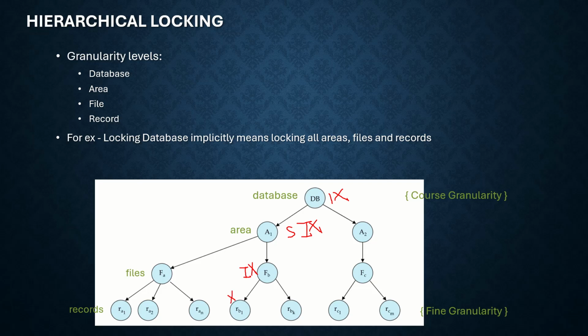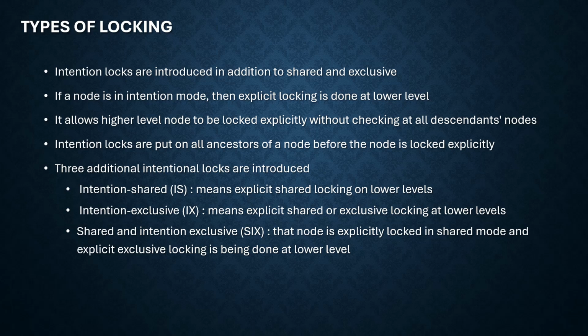That means the transaction wants to put a shared lock here and an exclusive lock here, so it will put locks in this way: an IX lock here, then a SIX lock here, then an IX lock here, then an exclusive lock here. I'm going to talk about these steps in the next slides, but I've explained them here only to better understand these points.